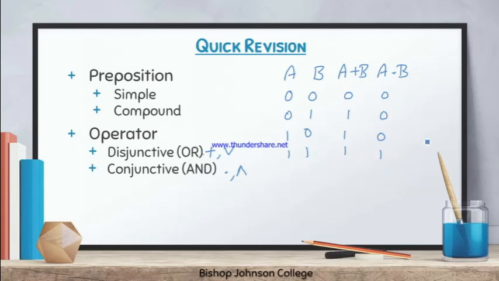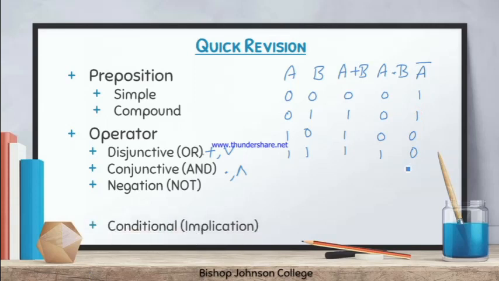Then next is negation. In negation, it is just the opposite of a column. Like A is a column, A bar or A dash will be 1, 1, 0, 0.